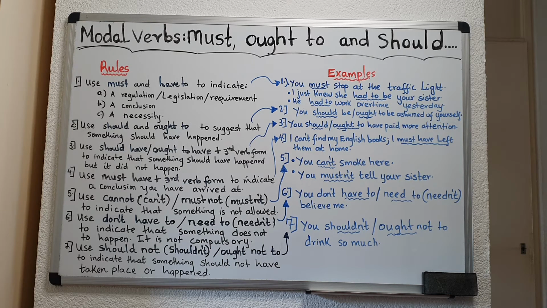Look at example 2. You should be ashamed of yourself, or you ought to be ashamed of yourself. What you're suggesting here is the person should be really ashamed of themselves.